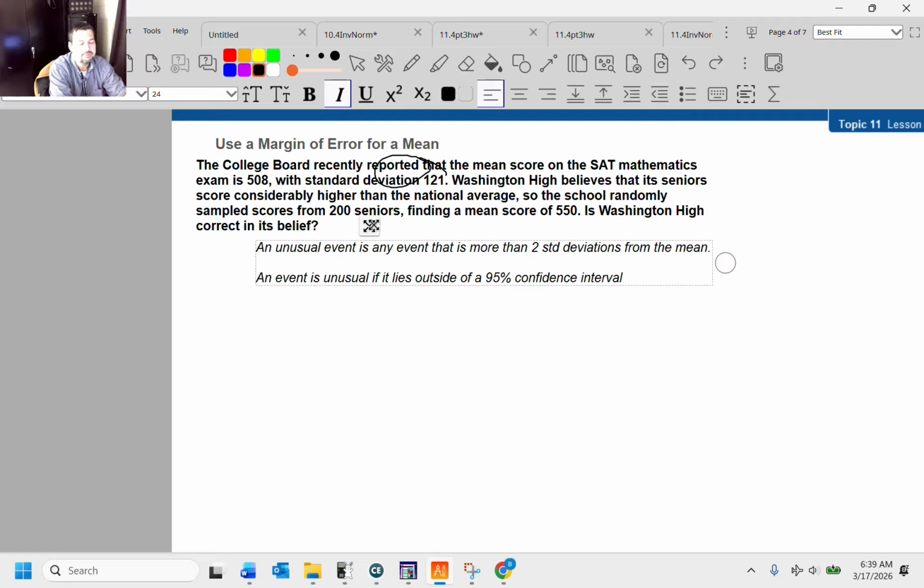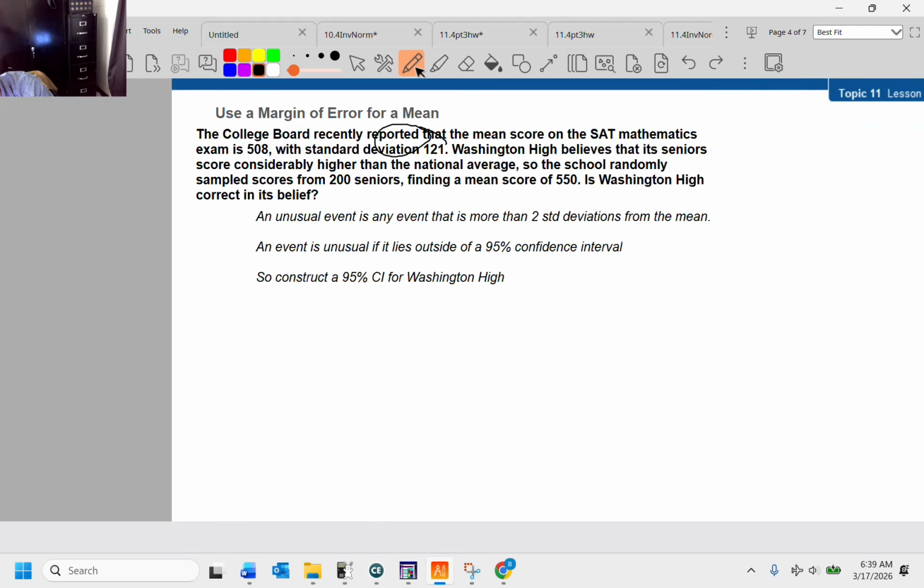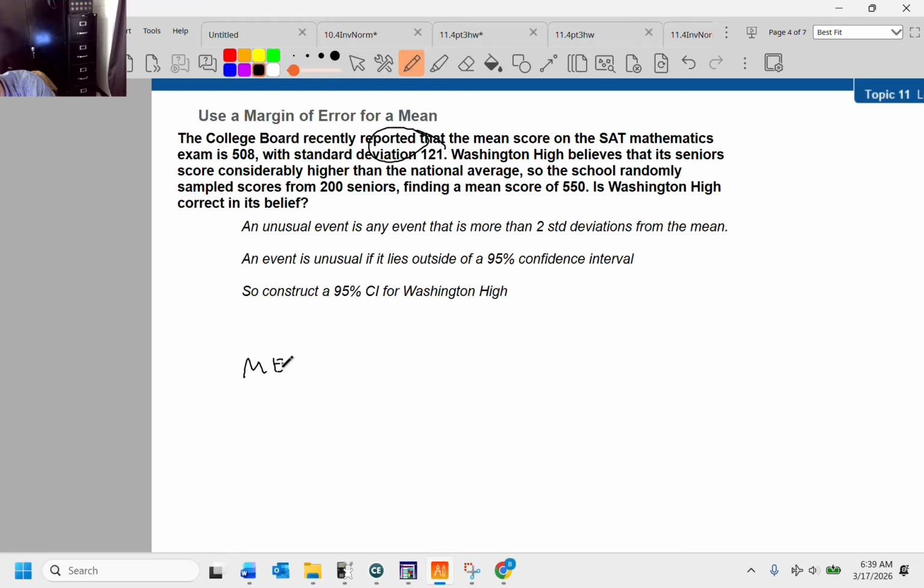So we're going to construct a confidence interval for Washington High. And we're going to go with it. Now, the first thing we're going to need is our margin of error. The margin of error is going to be 2 sigma, 121, sitting pretty over the square root of the sample size, 200.